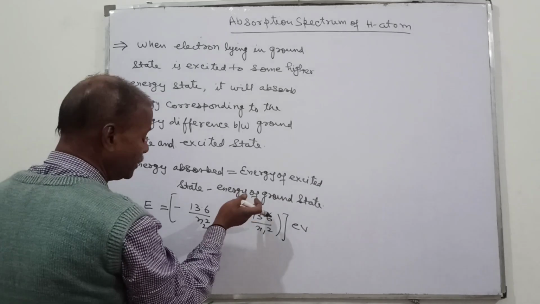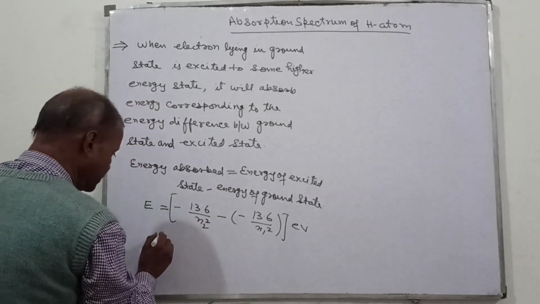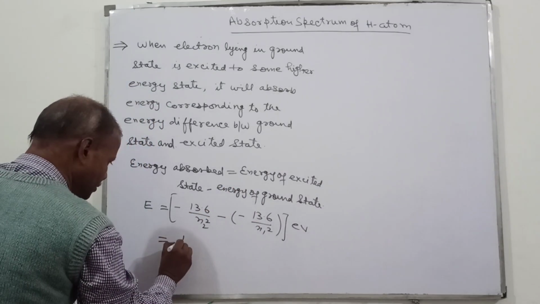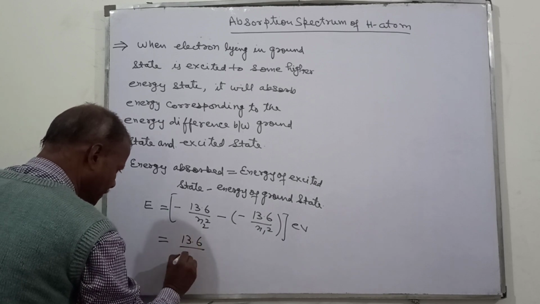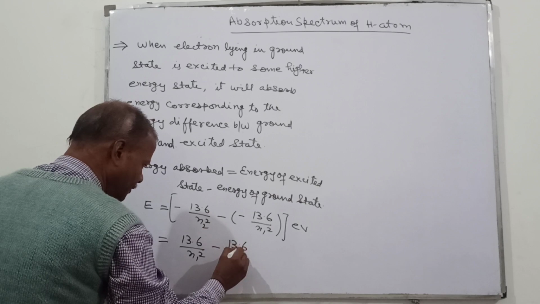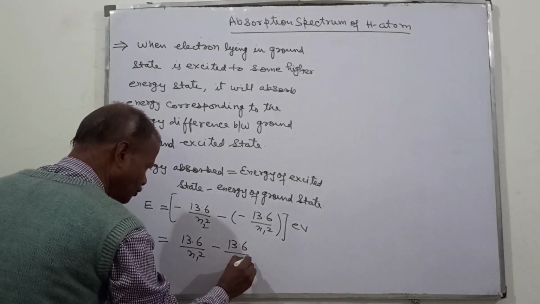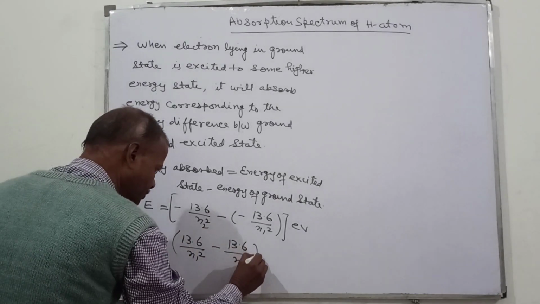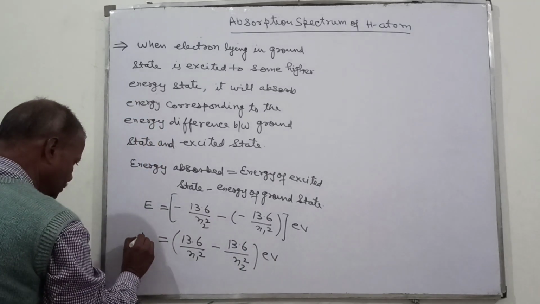So for the ground state, this is 13.6 upon n1 squared minus 13.6 upon n2 squared electron volt. This is E.